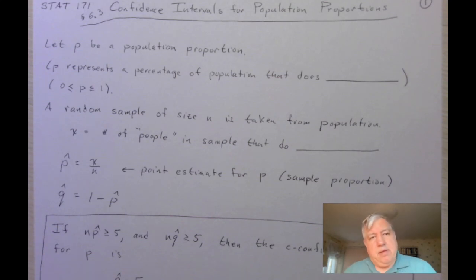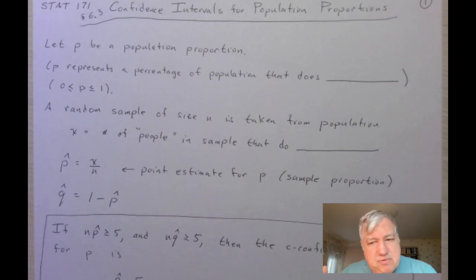And p is always a number between 0 and 1. Then we take a random sample, size n, from that population, and we let x be the number of items in the sample that do blank, whatever we define a success to be. So x is going to be some number between 0 and n, and then we define p hat as x divided by n.